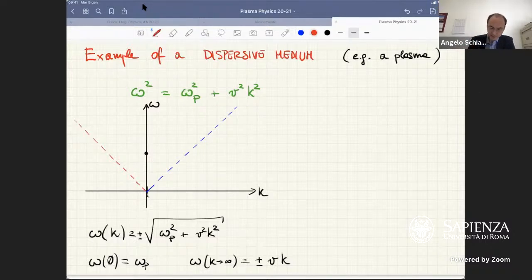Here the limit is omega p, and this smoothly increases, and then it goes as plus vk, and the same is on the other side.